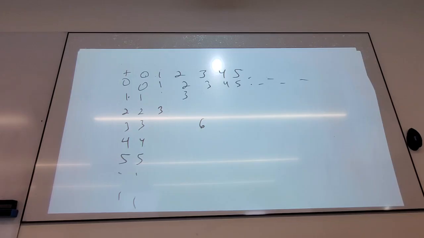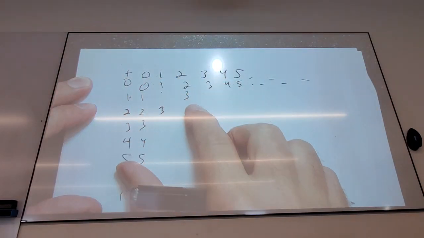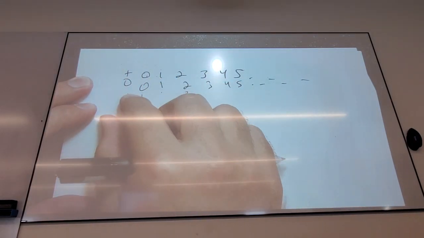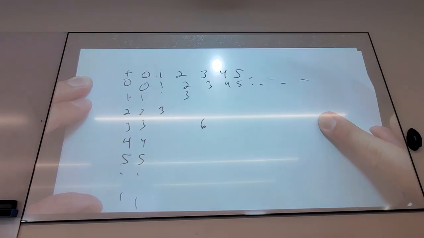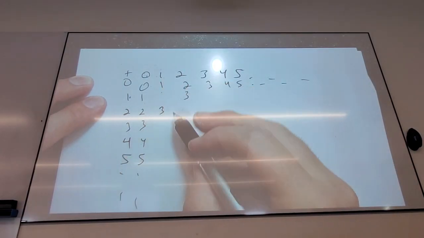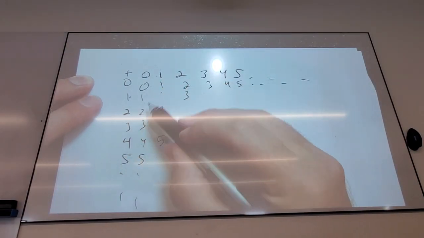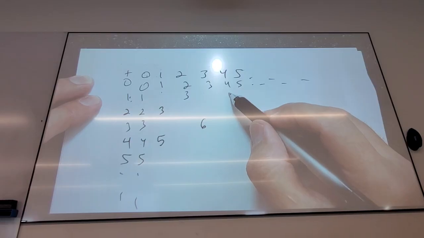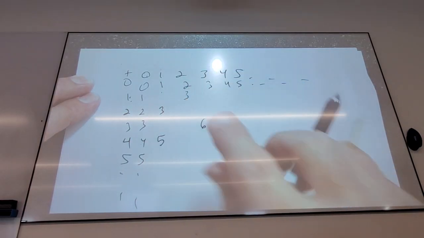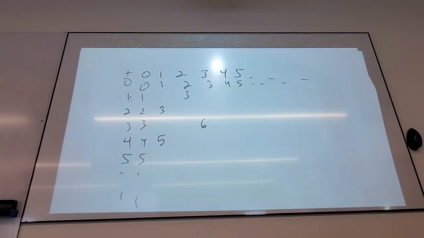So if I'm filling this out, I really just have to worry about this triangular wedge here. Because the minute I know these, I automatically know these. So for example, if I know 4 plus 1 is 5, then I know 1 plus 4 is 5, yes? So I only have to worry about the stuff down here. You guys see that?